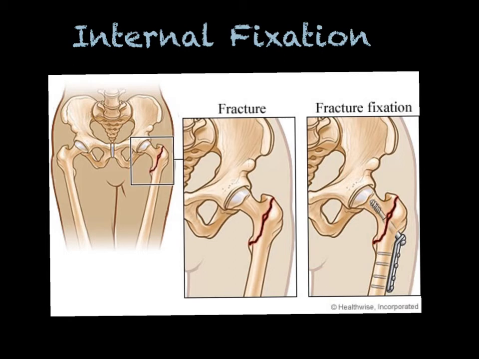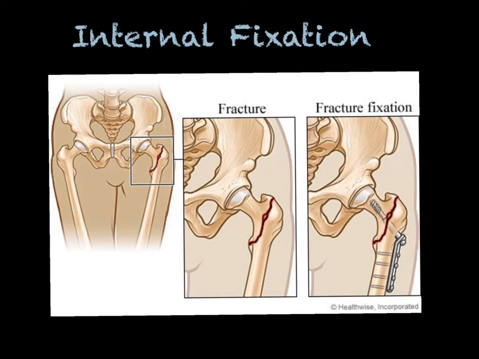So sometimes you have a fracture that's really not amenable to casting. For this example, we're looking at a fracture of the head of the femur. And it would be very hard to cast an extremity in this way. And it may not be feasible to do a joint replacement at this point.